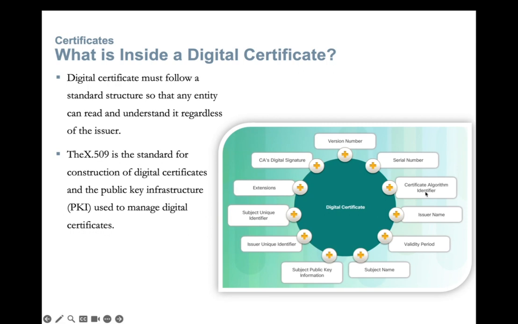So this is what is inside the digital certificate. In constructing this digital certificate, it follows this X509 standard, which follows the version number and so on, until it reaches the digital signature.